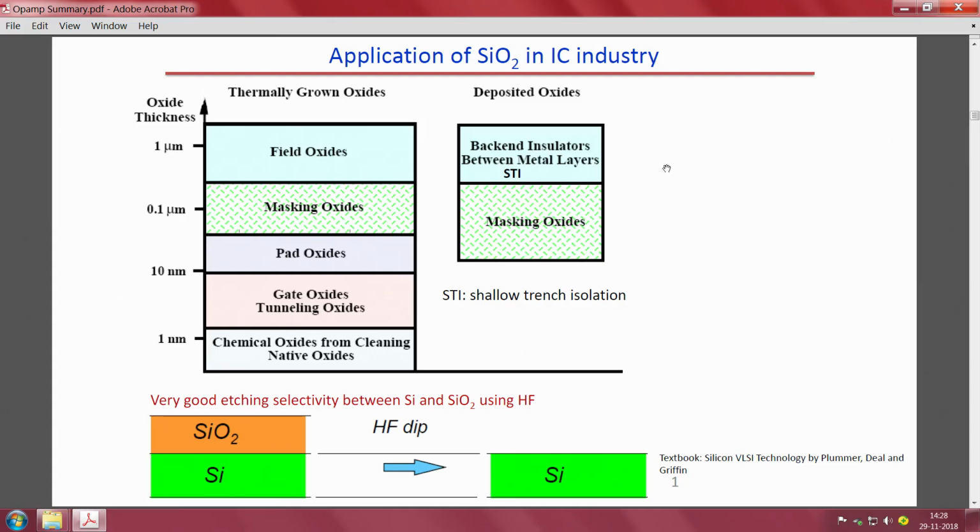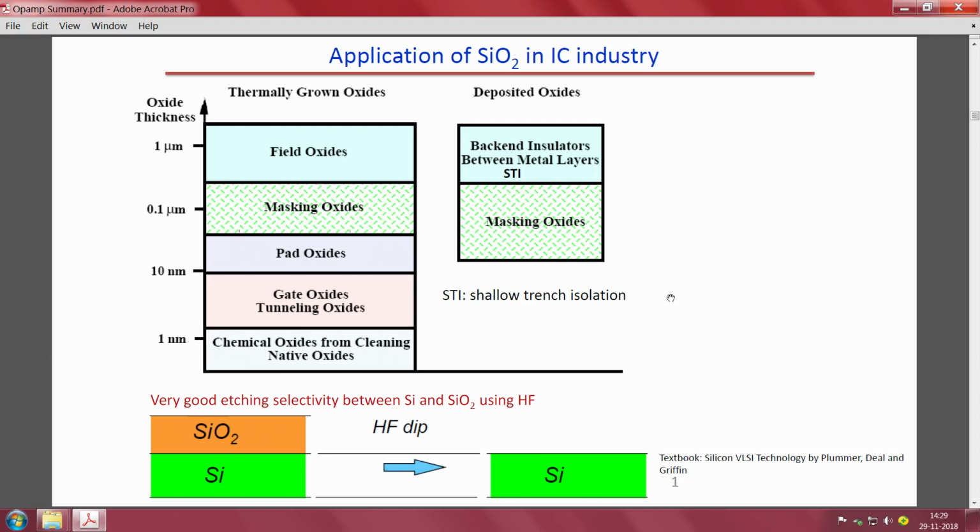Alright. If you see the slide, when you look at the application of silicon dioxide in the IC industry, depending on the thickness of the oxide, the application of the oxide changes. If it is 1 micrometer, we use it as a field oxide. If it is 0.1 micrometer, it is a masking oxide.